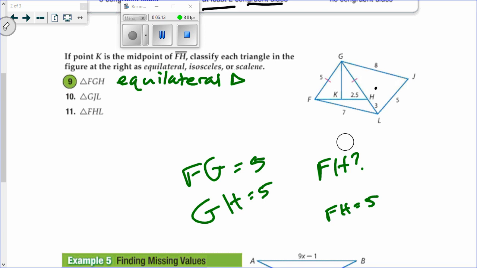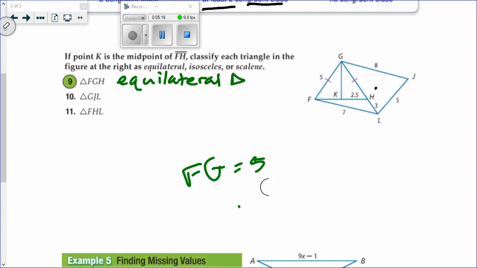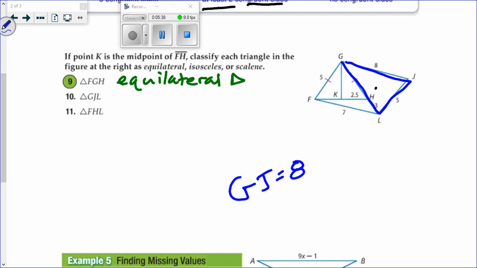Let's take a look at the next one here. Erase. The triangle GJL. Well, GJ is equal to 8, and that's clearly marked. JL, clearly 5. What about GL? Any way we're able to find that?